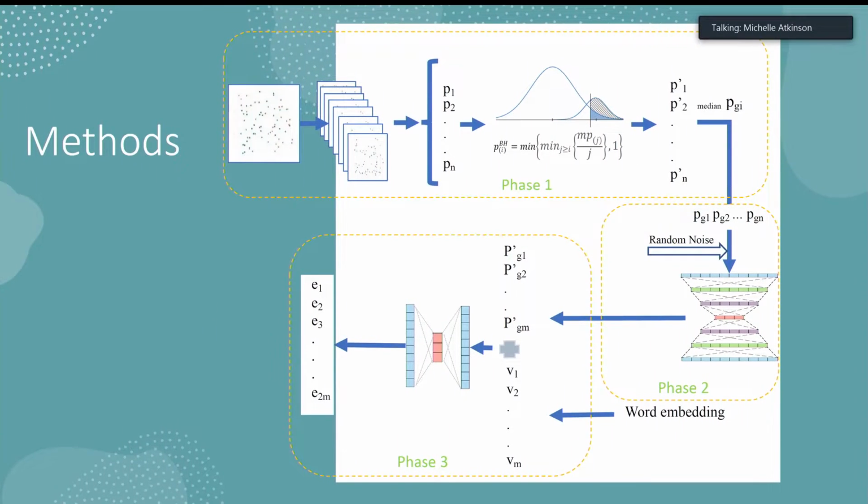So here, what we try to develop is to integrate the literature as well as other information, and develop a generalized model that can integrate this information to predict the disease relationship. Here's the overall structure with three different phases.